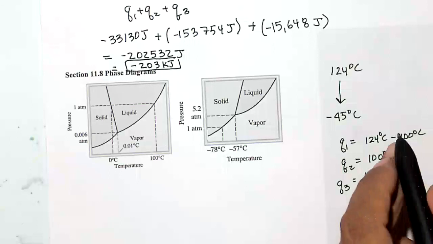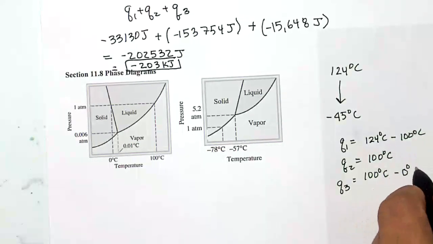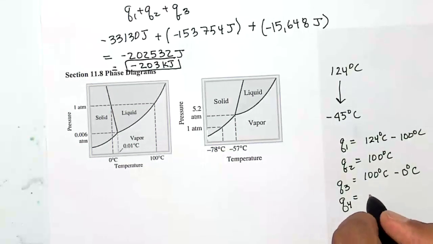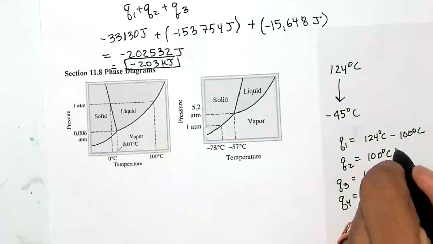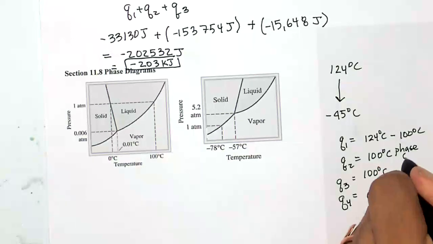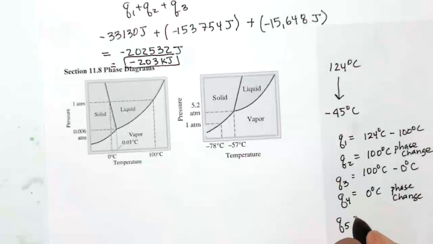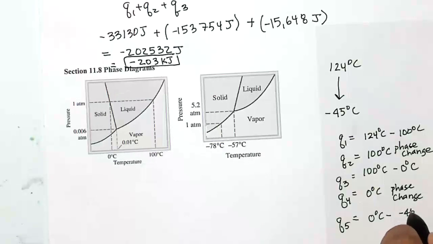100 degrees to what? To 0. Very good. What would Q4 be? Phase change. And then finally, Q5. What would Q5 be? 0 to minus 45 degrees.